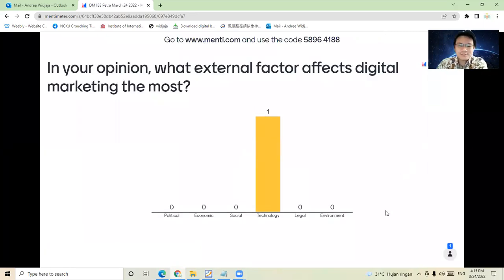Okay, technology. Okay, is there any other factor? You can click the link and try to answer. Choose one that you think affects digital marketing the most. Is there any? I think only one of you.